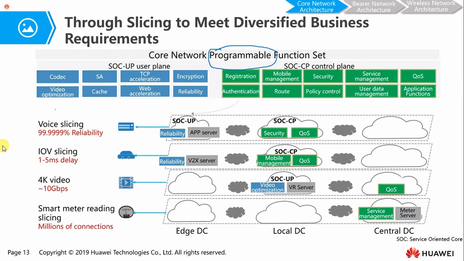The blue color is for the user plane, like the decoder or coder for video, like encryption. These functions are used for the user plane, including web acceleration, like TCP downloading.